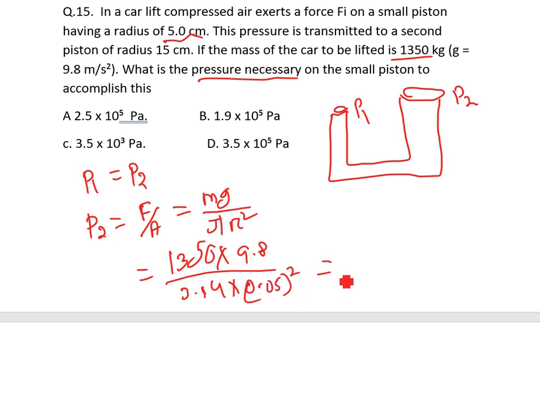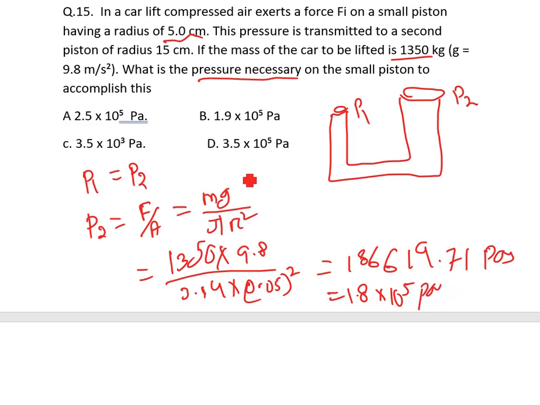Calculating, I get 186619.71 Pascal, which in this form is 1.8 into 10 to the power 5 Pascal, nearly equal to this one. So the answer is option B. Question number 15, option B.